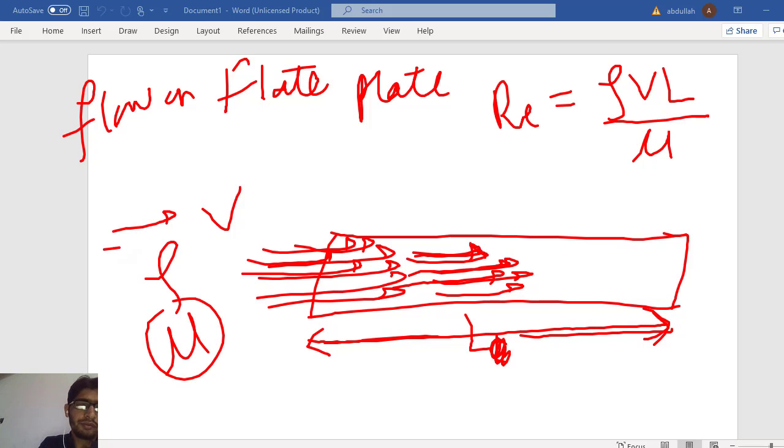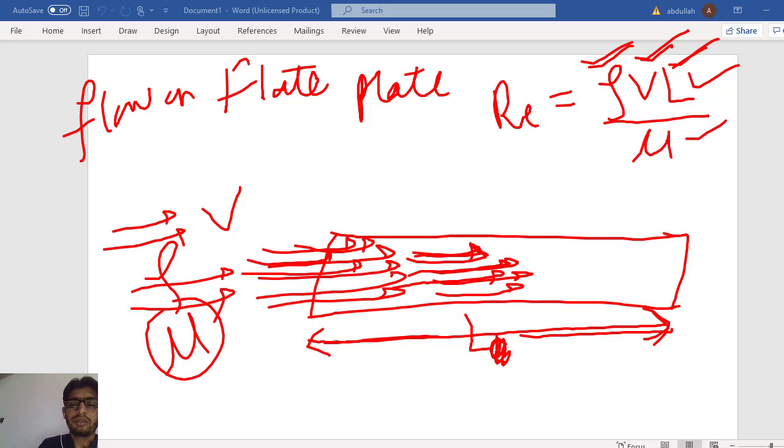So the Reynolds number will be rho V L over mu: density of the fluid, velocity of the fluid, length of the plate, and viscosity of the fluid at a certain temperature, suppose 25 degrees C or an average temperature. So this is all about the Reynolds number for external flow.